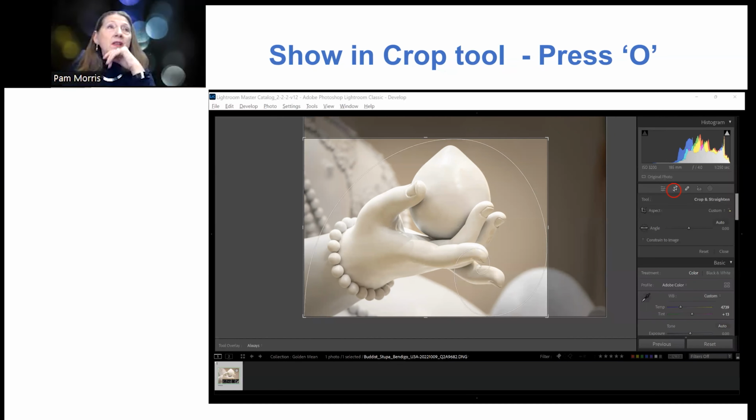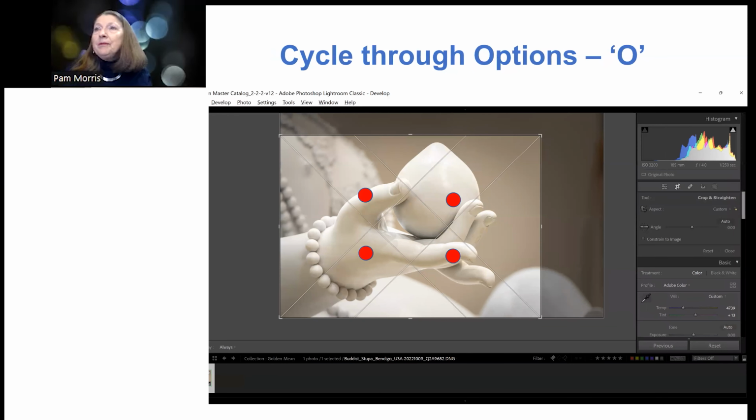Then having a look at the golden spiral, it spiraled around those two fingers, which are really important in terms of the gesture within this image. And one of the other crops they give you is this one for the intersecting points being located within those lines, and those lines being the angle of the image.